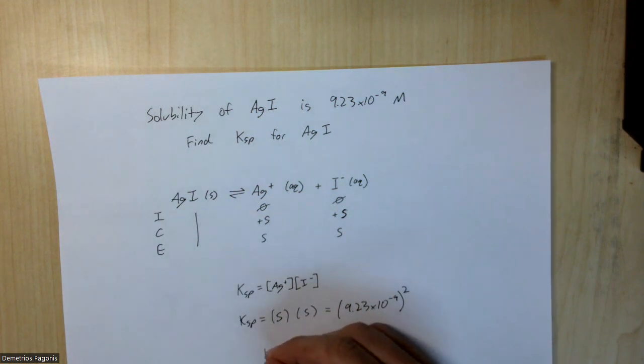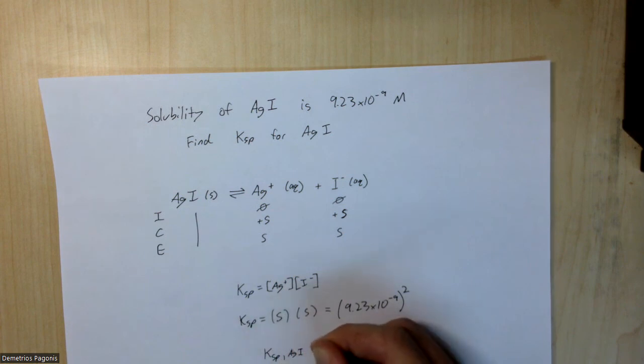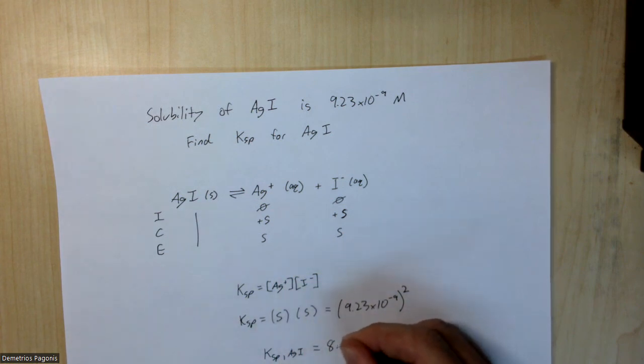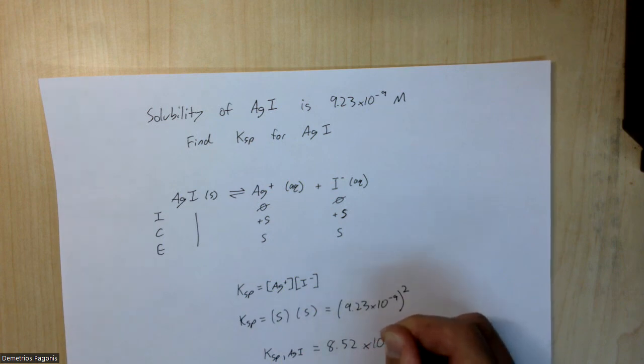So the Ksp of silver iodide is 8.52 times 10 to the minus 17.